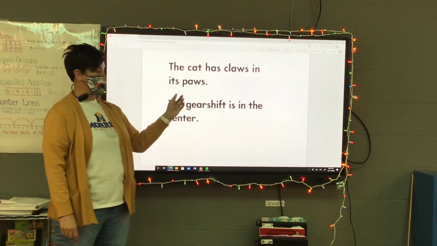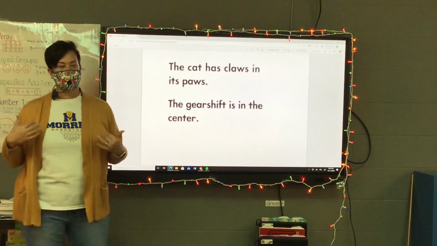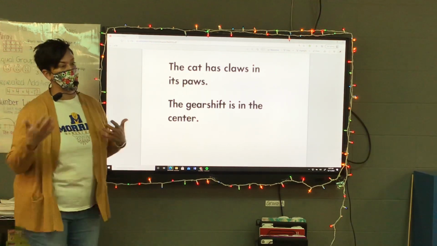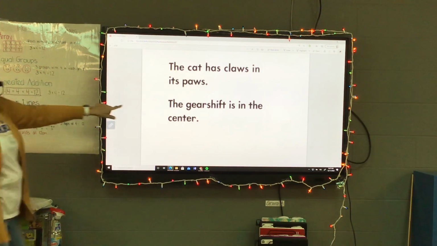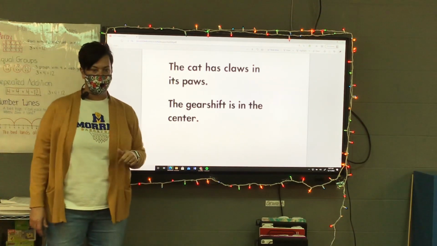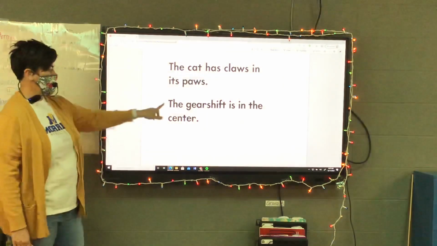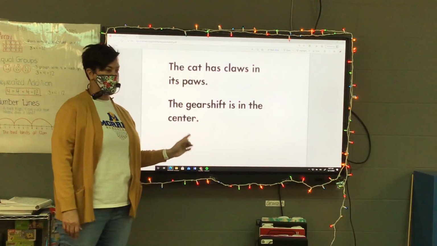Claws in its paws. But that's not how we would talk, right? So let's read it like how we would be talking with someone. Are you ready? The cat has claws in its paws. Let's look at the next one. This word is gear shift. What's that word? Okay. The gear shift is in the center.